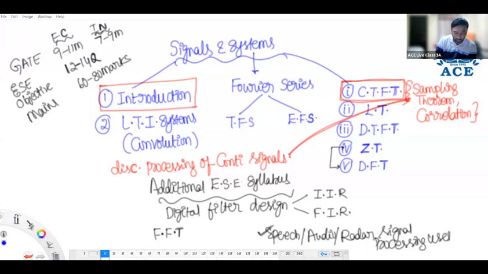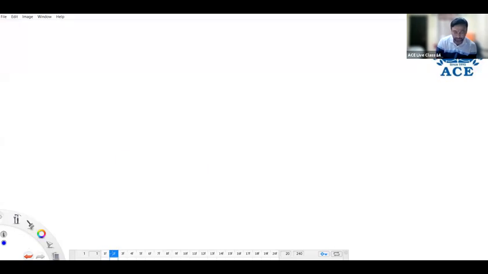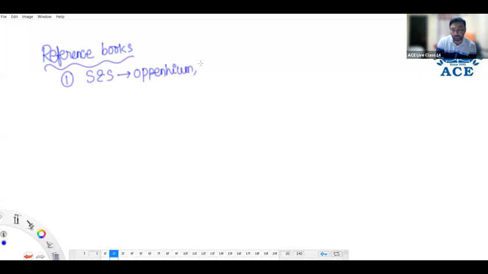What are the books to be followed? Reference books. Of course, the standard book on signals is Oppenheim and Willsky. That is the standard textbook on signals.